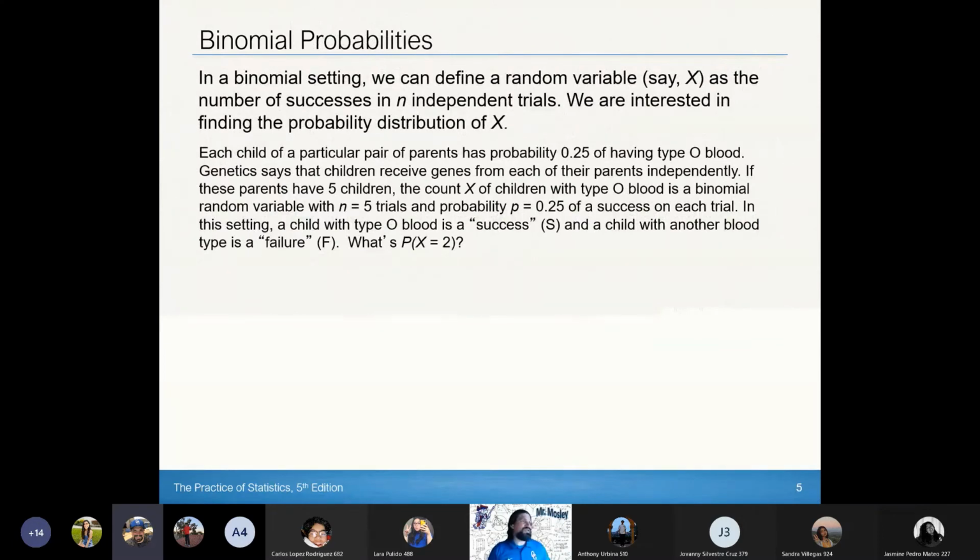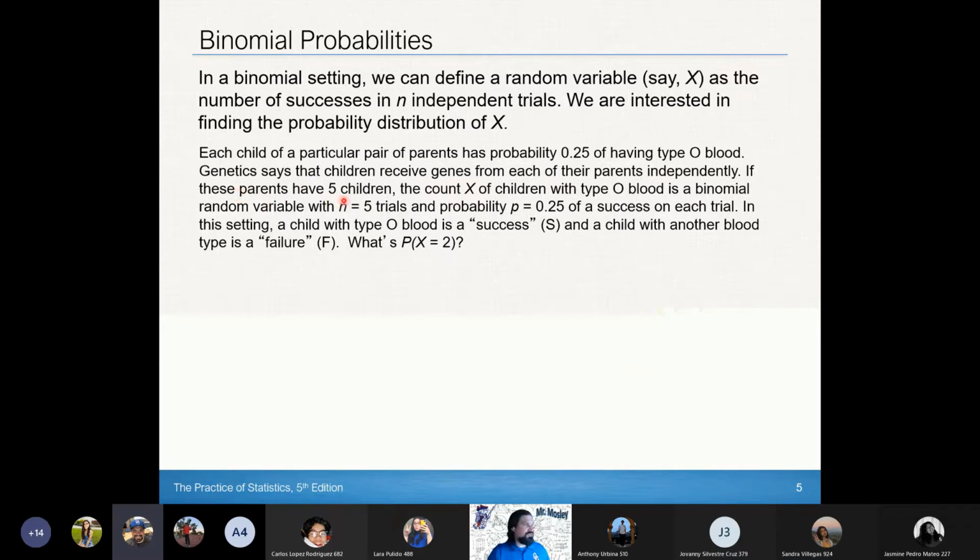So in a binomial setting, we can define a random variable, say x, as the number of successes in n independent trials. We are interested in finding the probability distribution of x. So here is an example. Each child of a particular pair of parents has probability 0.25 of having type O blood. Genetics says that children receive genes from each of their parents independently.